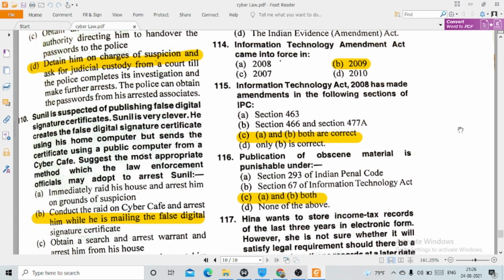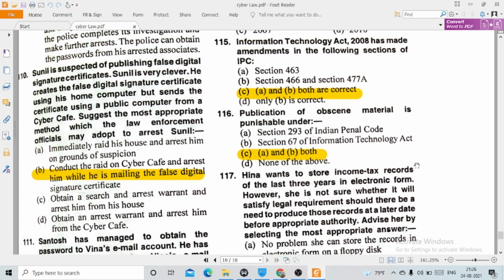So this is section 463, section 466 and section 477A, which deal with forgery. And 116. The publication of obscene material is punishable under section 293 of the Indian Penal Code and also section 67 of the Information Technology Act.